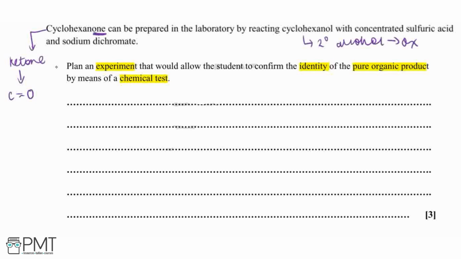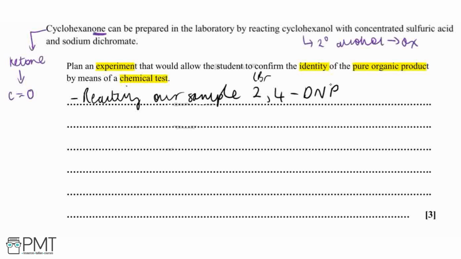Therefore, we can confirm our identity of the pure organic product by first reacting our sample with some of our 2,4-dinitrophenylhydrazine, which I've shortened here to 2,4-DNP. This is also known as Brady's reagent, and they would allow either of these for the mark for this bit.